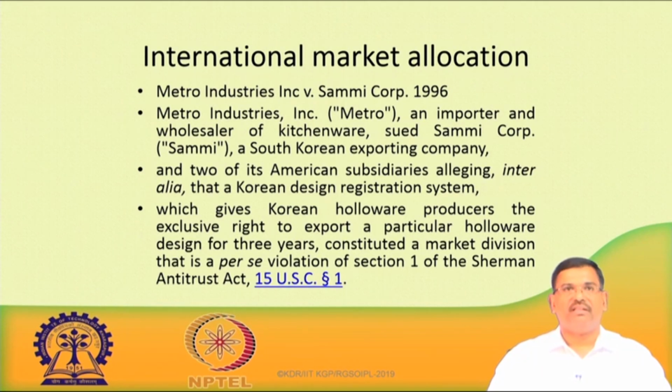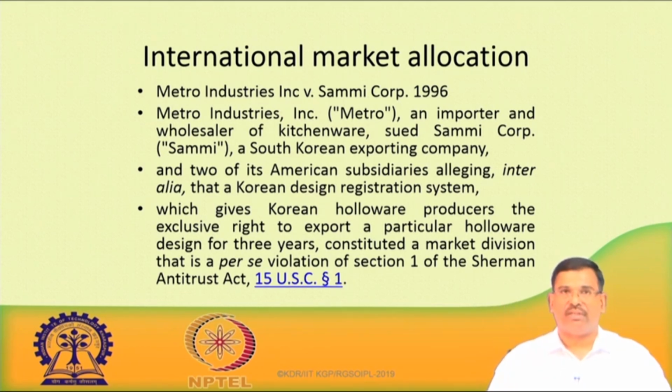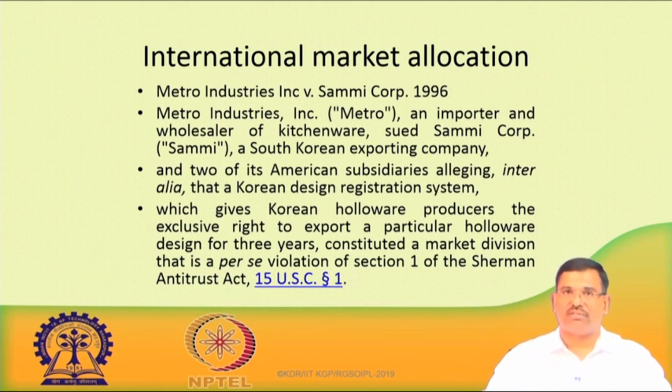Here the Metro Industries alleged that the Korean design registration system, the intellectual property protection system, gives the hollowware producers an exclusive right to export the particular hollowware design for 3 years.